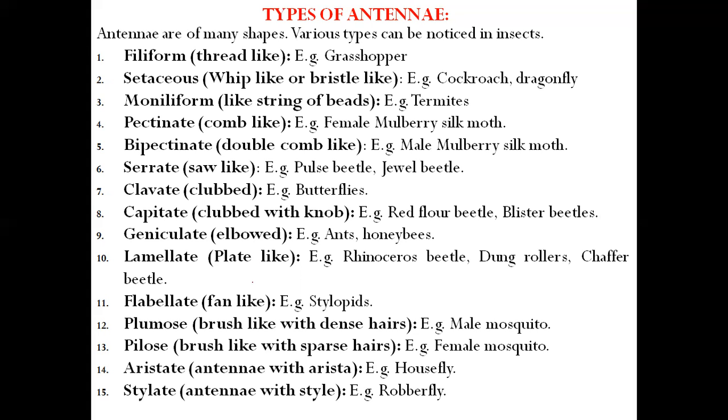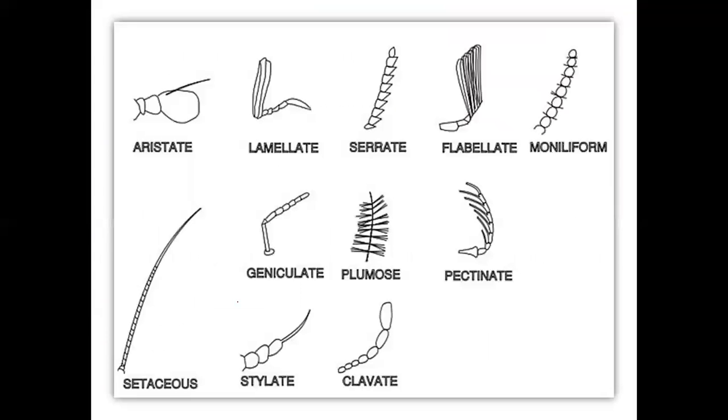The structure of the antenna is called the scape, then the pedicel, and the remaining part is the flagellum. I am showing you one picture of the scape, the pedicel, and the flagellum.